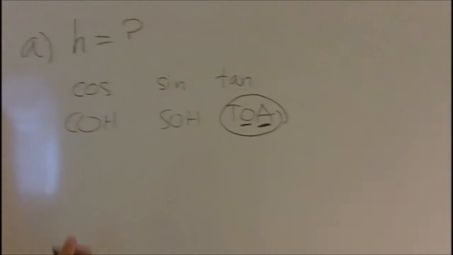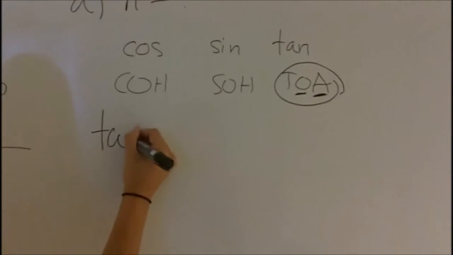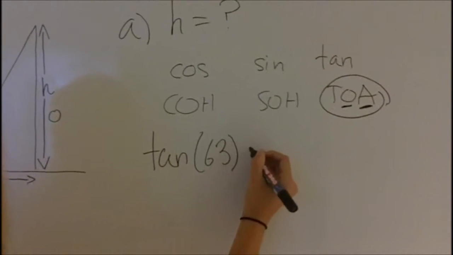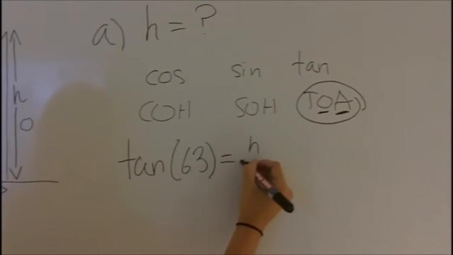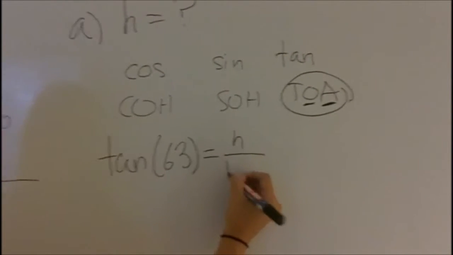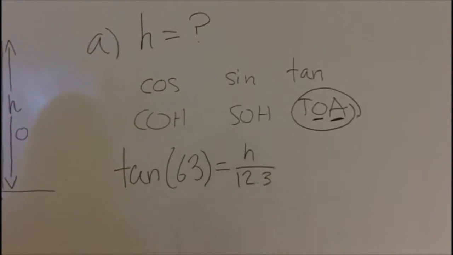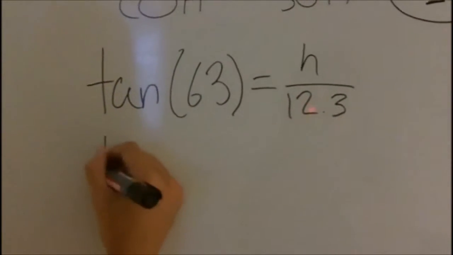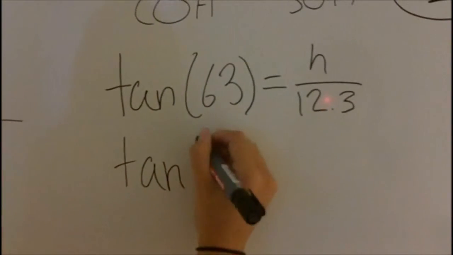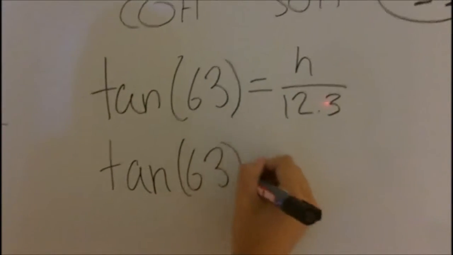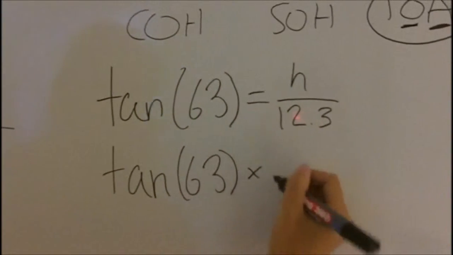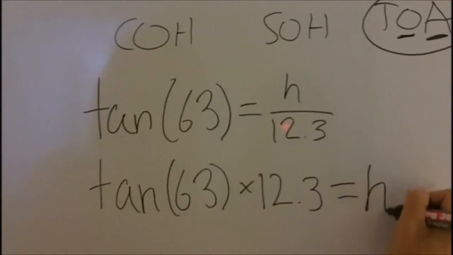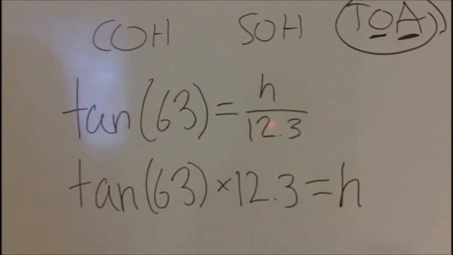So first, what you're going to do is write the tangent of 63, the angle, equals h over 12.3, because it's opposite over adjacent. Next, you're going to get rid of the 12.3 so that h is alone. So that would look like this.